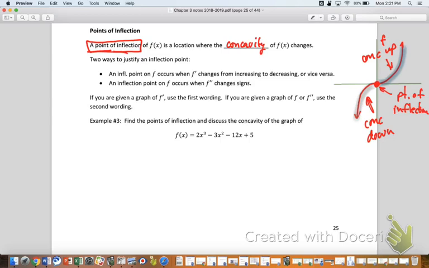Anyways, there are two different ways that you can justify or describe an inflection point beyond what I just said. Here they are. The first one is an inflection point on f happens when f prime changes from increasing to decreasing or decreasing to increasing.